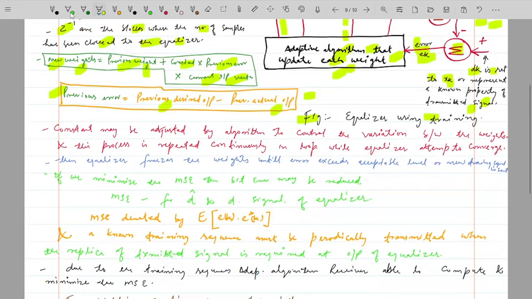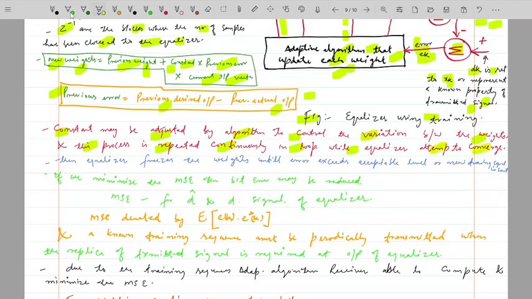This constant may be adjusted by the adaptive algorithm to control the variation between the weights. It behaves like a controller, and the process is repeated continuously in a loop while the equalizer attempts to converge.